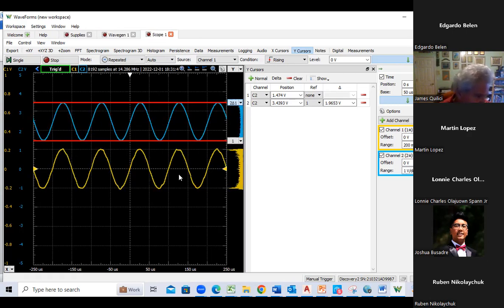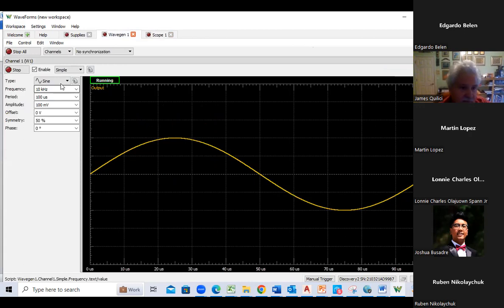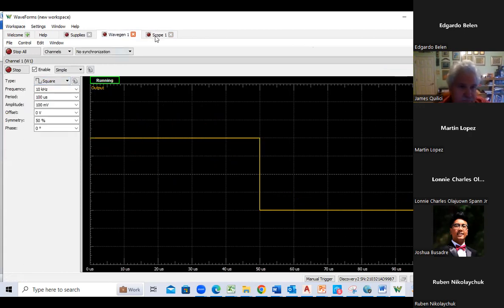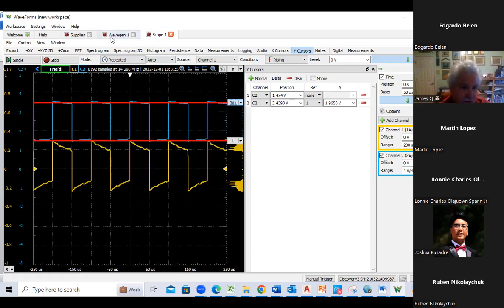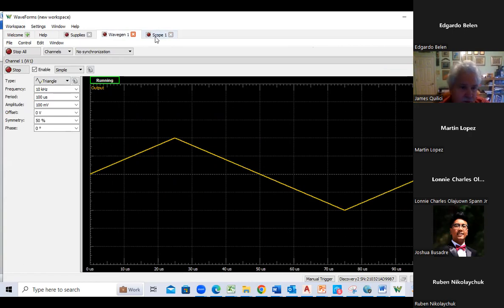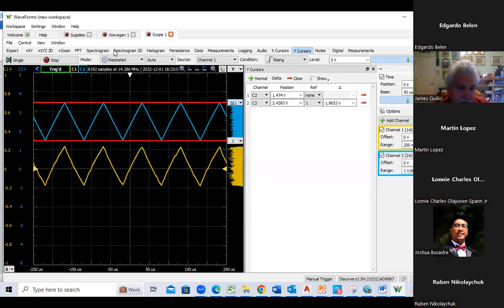Step 10, I'll do step 10 before I do step 11. Step 10 says use a triangle waveform and find out where it starts clipping. Oops, nope, I didn't do a triangle. There it is. Okay, so we're not clipping yet. So I can increase my amplitude a little bit.